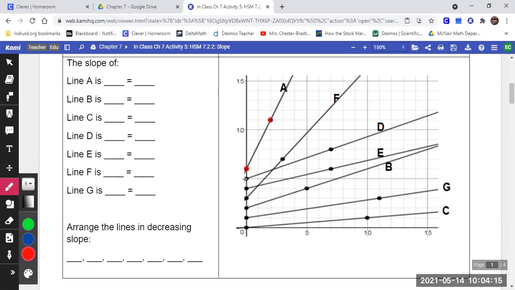Why don't we go handle these Y-intercepts first? What would these all be? Let's first go get the intercepts. 0, comma, give me the list. What's the highest 0 that we have?